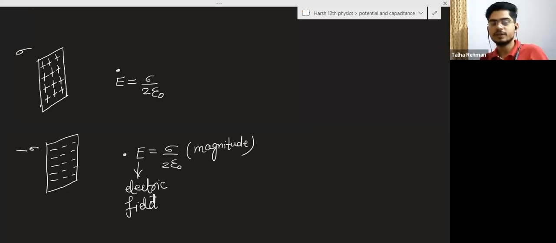The main thing here for calculating the capacitance is the net electric field between the plates.